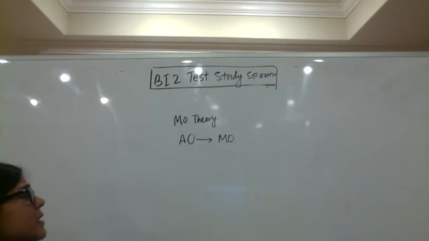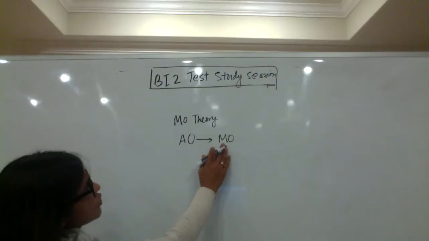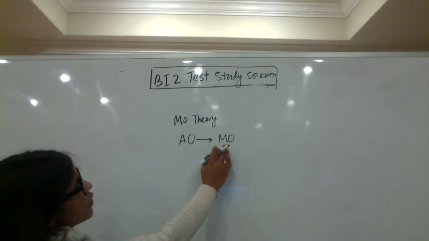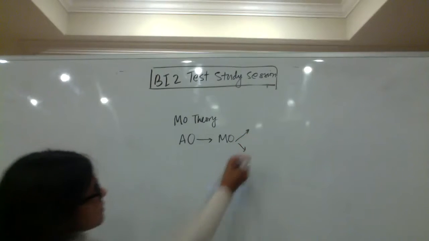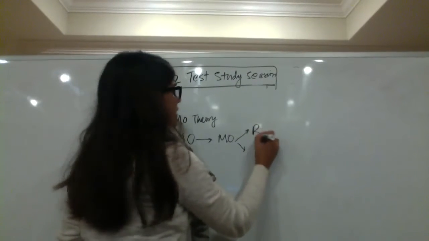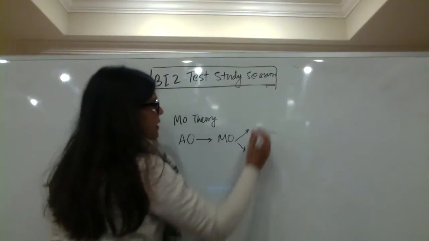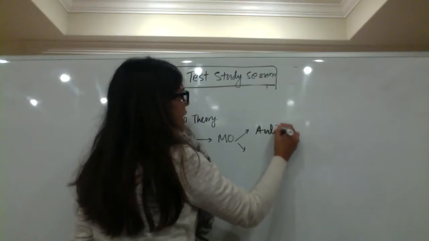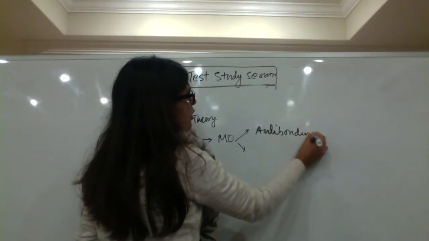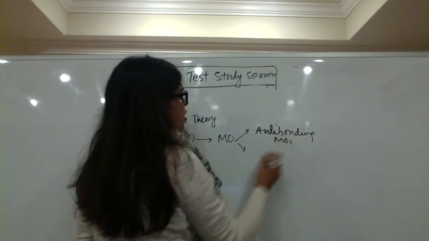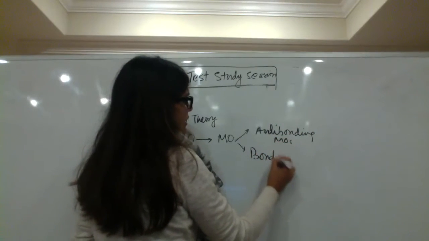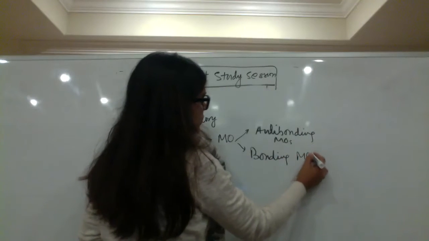And it says when atomic orbitals combine to form MO, the molecular orbitals are of two types. They are either anti-bonding molecular orbitals or they are bonding molecular orbitals.